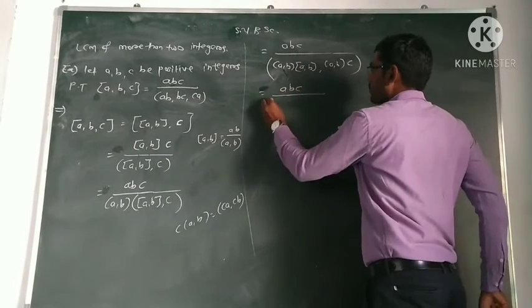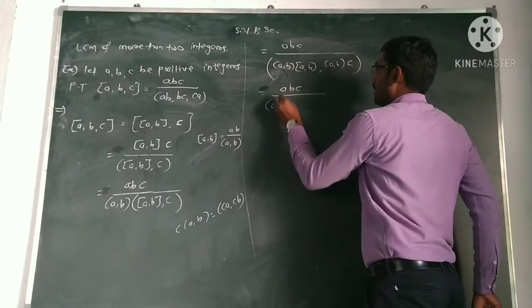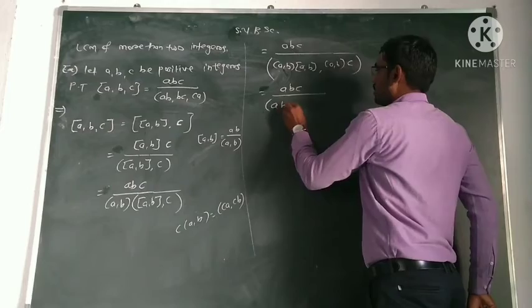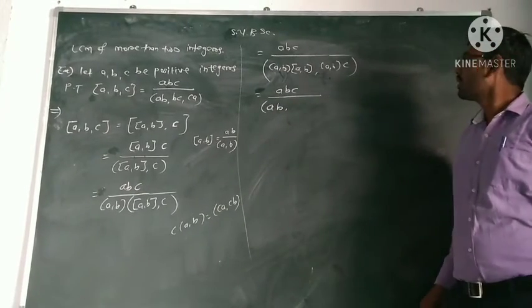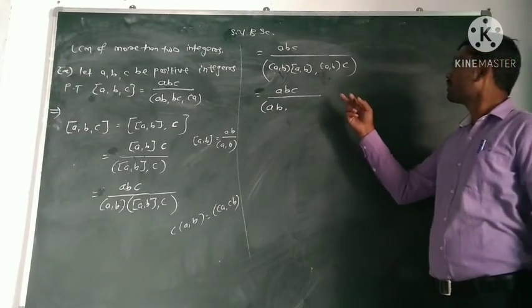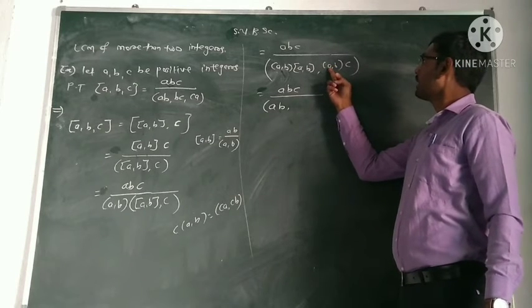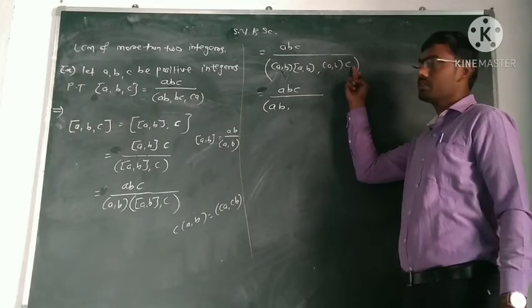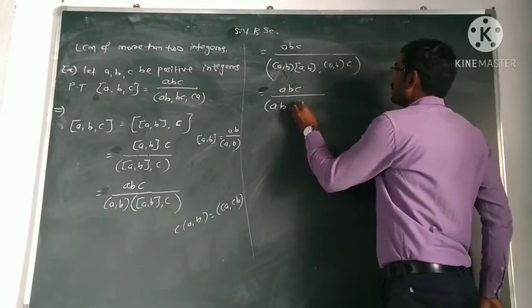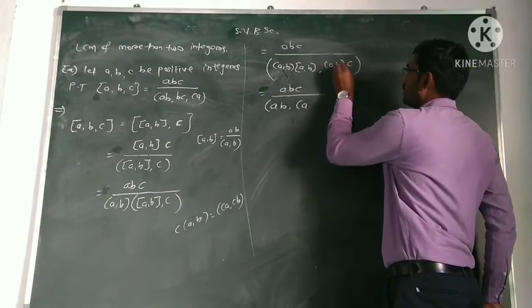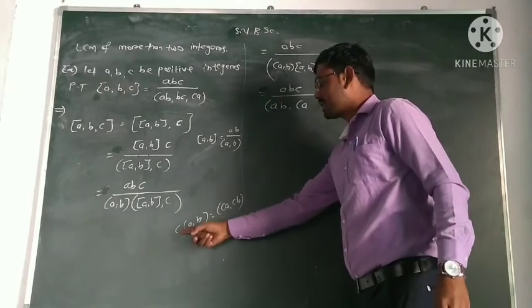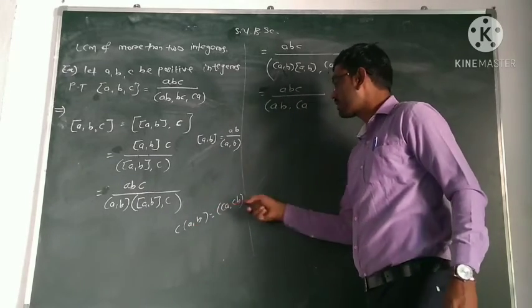This is equal to the GCD of AB into C. So again using this property, C into the GCD of AB is equal to CA into CB.